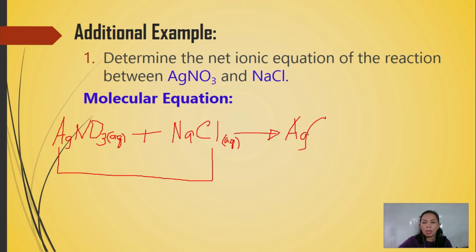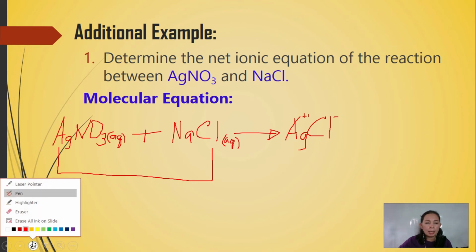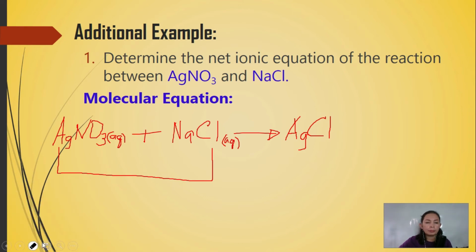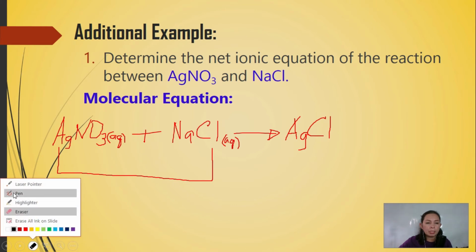Chlorine also has a negative 1, so we have this as our formula. Positive 1, negative 1. Positive 1, negative 1. So we do not have any subscript. Okay, we can just erase. I know you are already well versed in that.